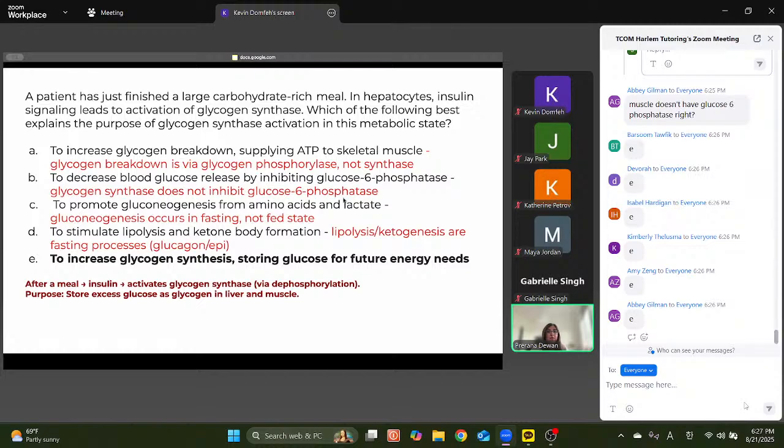For C, gluconeogenesis occurs mainly during fasting or low blood glucose levels, not after a carbohydrate-rich meal, so insulin would be inhibiting gluconeogenesis. And D, to stimulate lipolysis and ketone body formation, is the opposite of what insulin does. Insulin inhibits lipolysis and ketogenesis after a meal.